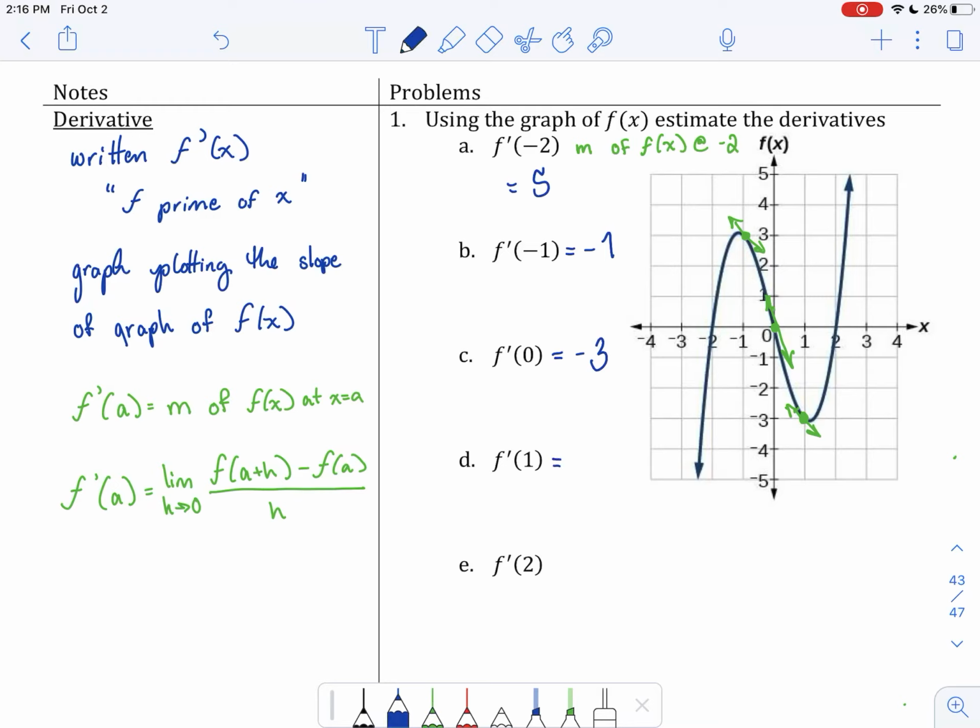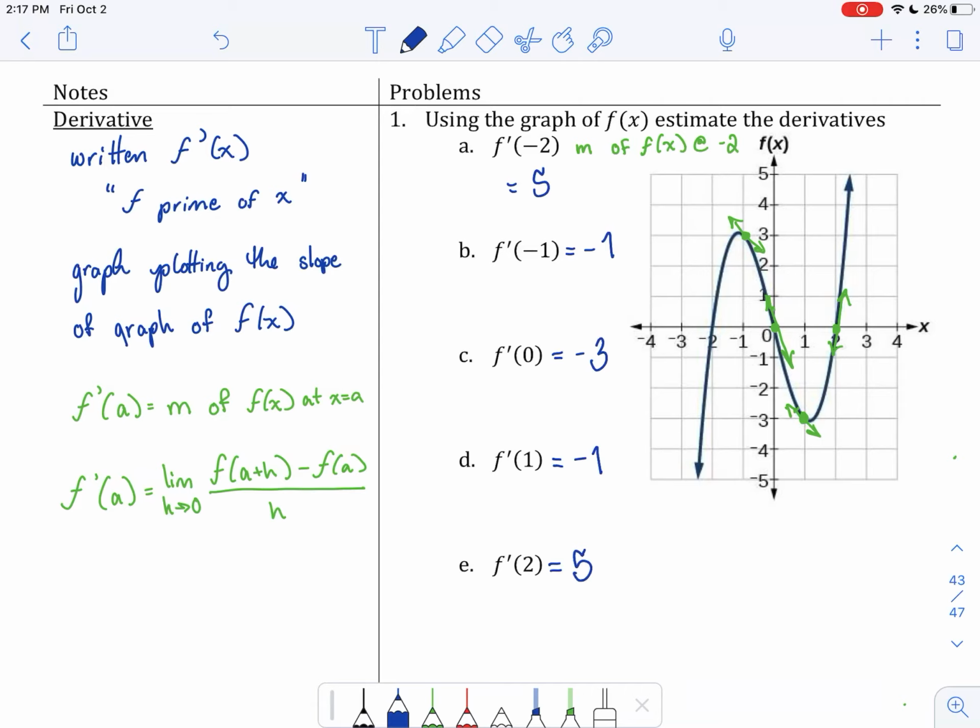So I'm going to say that one also has a slope of -1. And then finally, f prime at 2. So now our tangent line is positive again. And I'm going to say, estimating that that's going over 1, up 3. So again, these are all estimations. We're looking at the tangent lines and estimating the slopes, and that gives us our derivatives.